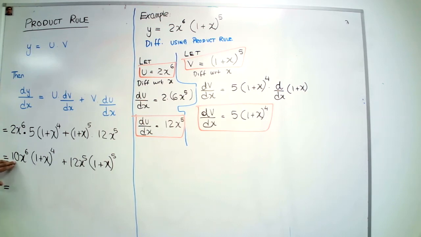Okay, I see what is common between these ones. This 10 is actually 2 times 5. This 12 is 2 times 6. So the 2 is common here, so I have to take the 2 common.